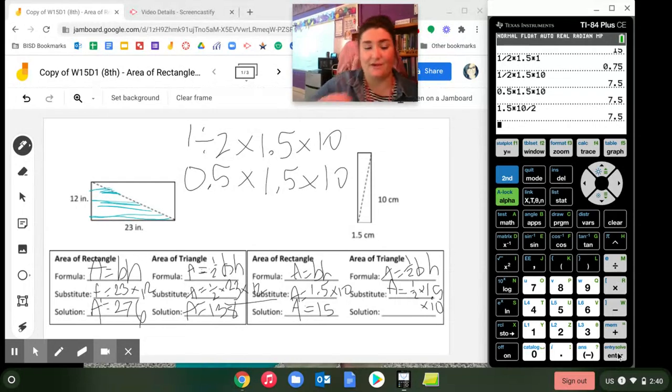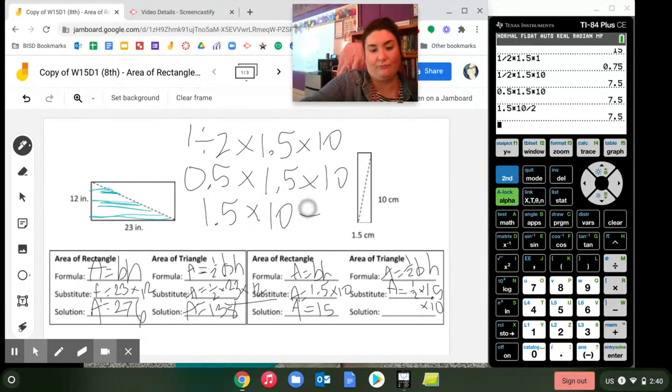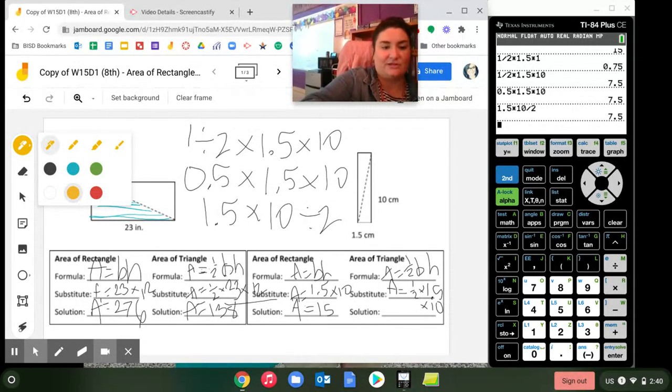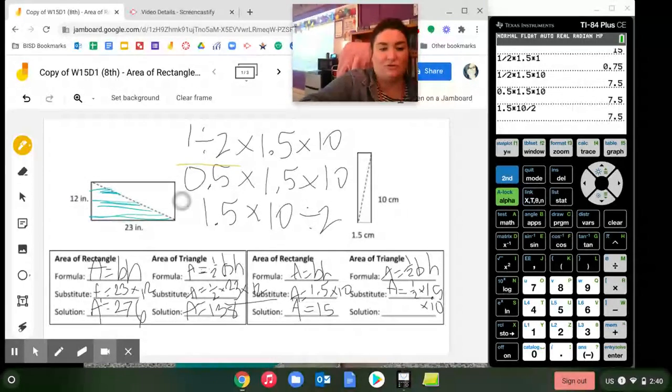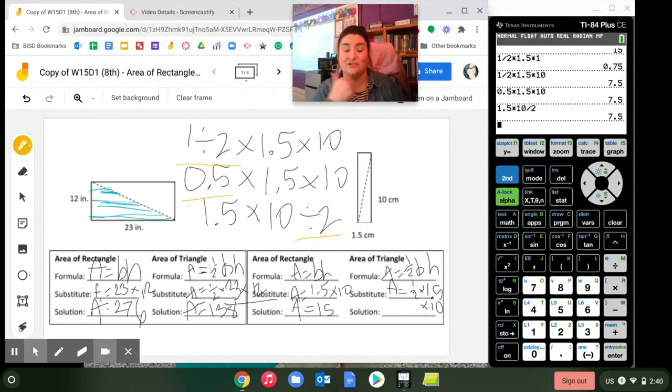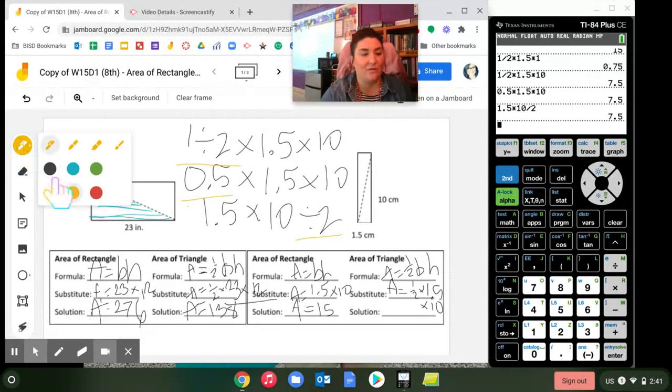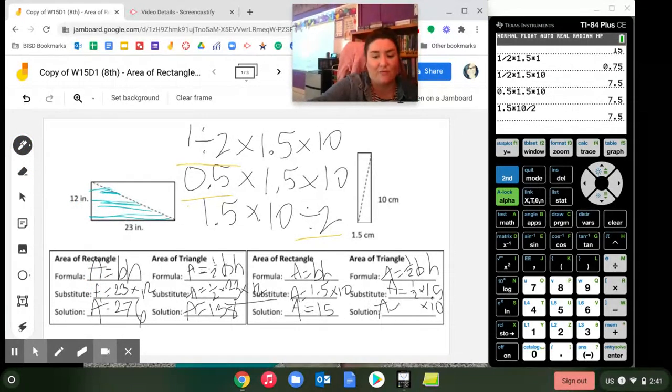Get the same thing. So I'm going to underline these ways to put in 1/2: 1 divided by 2, 0.5, or if you just divide it by 2. Those are all ways you can enter 1/2 into the calculator. Regardless of how you do that, pick the way that makes the most sense to you and stick with that way. Your solution is 7.5.